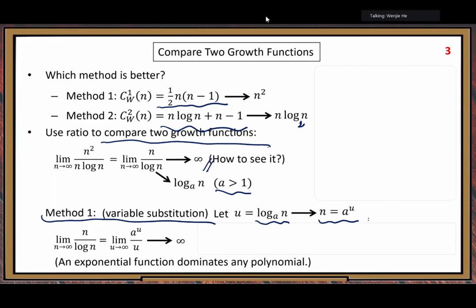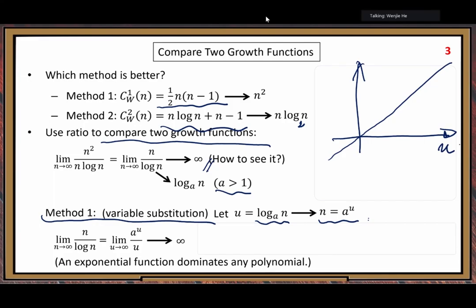If I draw graphs, let me use the u axis, because our new variable is u.